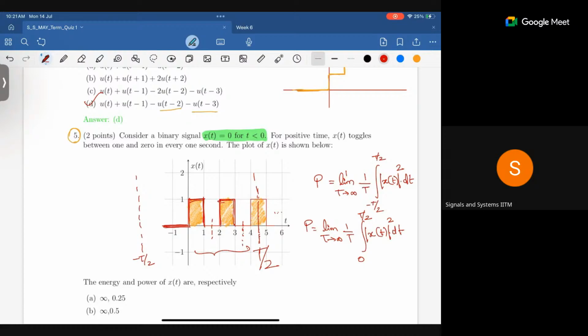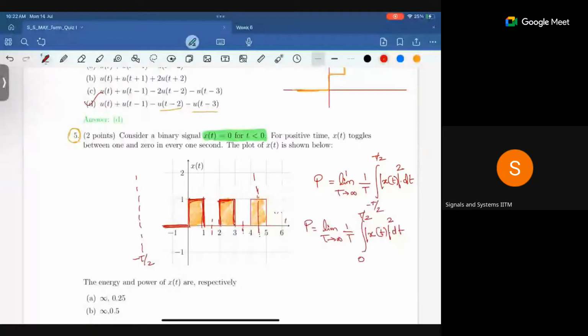Instead of thinking how many pulses will be there within the t by 2 interval, we can think the other way around. Let's say we consider two pulses. Then the time elapsed would be 3 seconds, right? Or we consider 4 seconds.